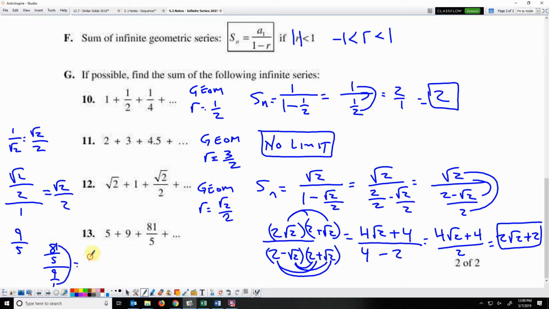So I've got 81 over 45. 9 goes into 81 9 times. 9 goes into 45 5 times. I've got a common ratio, so it is geometric. And r is 9 fifths, but 9 fifths is not between -1 and 1. So the sum of this series has no limit.